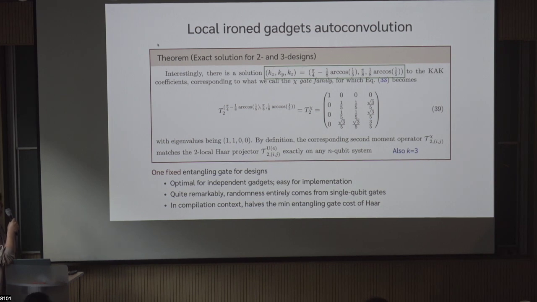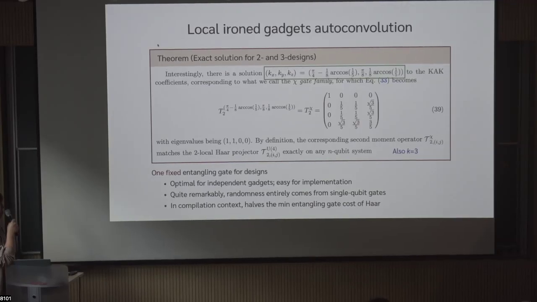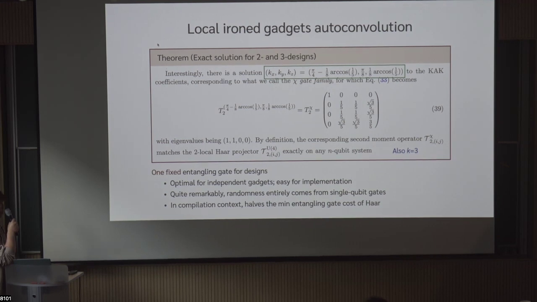Let me say it again: this is one fixed entangling gate that prepares designs. So obviously this is optimal for local gadget convolution. If we want to prepare 2 and 3 designs, this is very friendly for experimentalists.